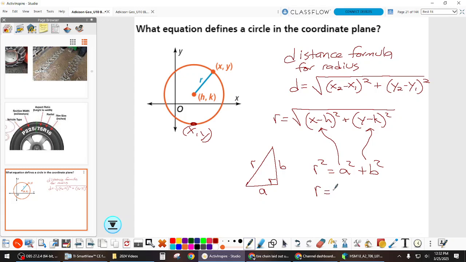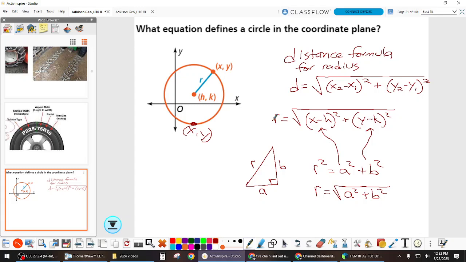So r is the square root of a squared plus b squared. A is just the distance this way, left and right. And b is the distance up and down to the center. Is this ringing a bell? We've talked about all of this except for just now we're calling it r. That's the only difference. But all of the rest of it should ring a bell. Hopefully it does. Okay. All right.